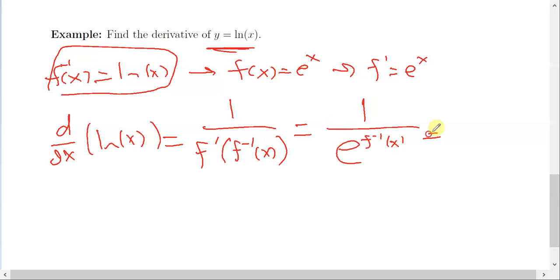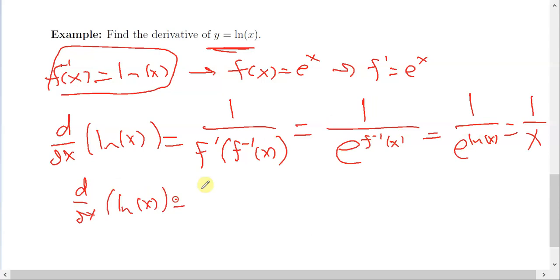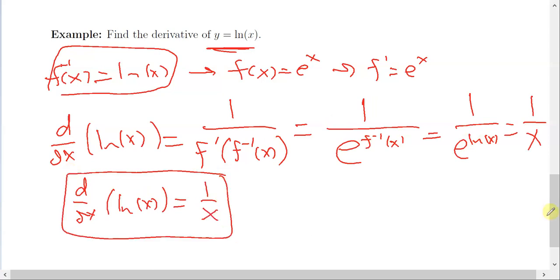But as I said, e to the f inverse is really natural log, and so what I get is e to the natural log of x is just x. So that says the derivative of natural log of x is 1 over x. Like I said, that's something we'll use throughout the rest of the course.